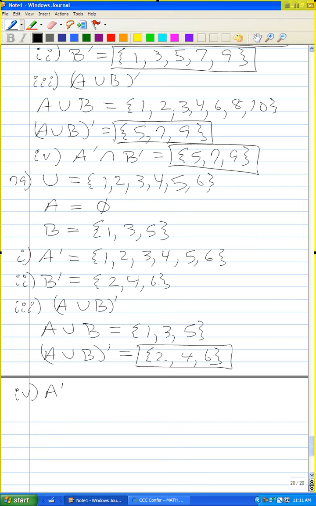The intersection between what's not in A and what's not in B. So what is not in A? Well, everything. What's not in B? Well, 2, 4, and 6. And so 2, 4, 6. Okay, good.